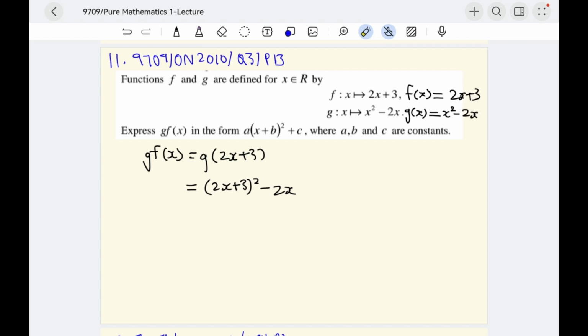Vertex form means there is only x inside the square and the rest outside must be a constant. So the only way you do is expand it. So this is how you expand it into the general form just before you convert to vertex form.